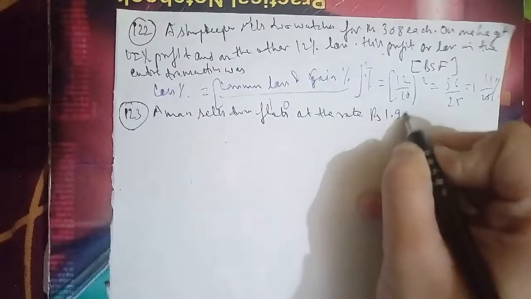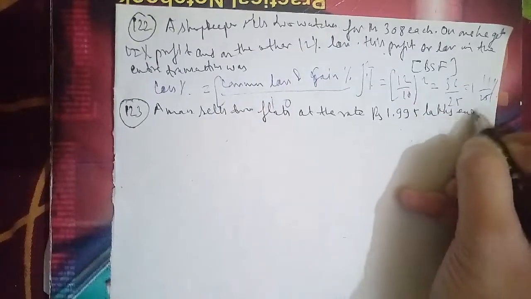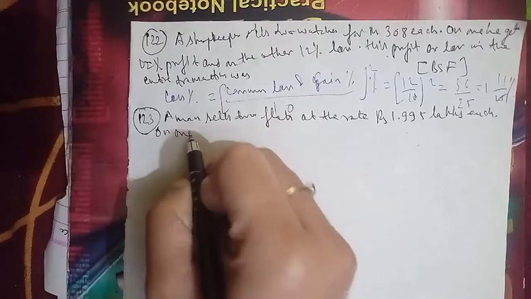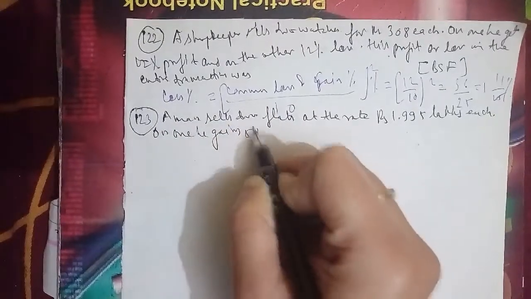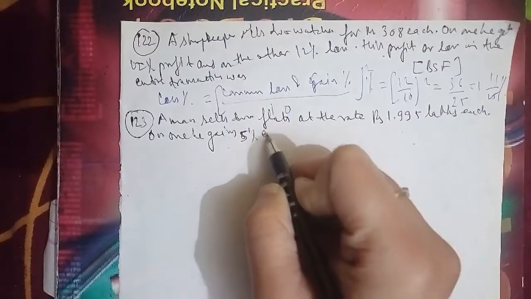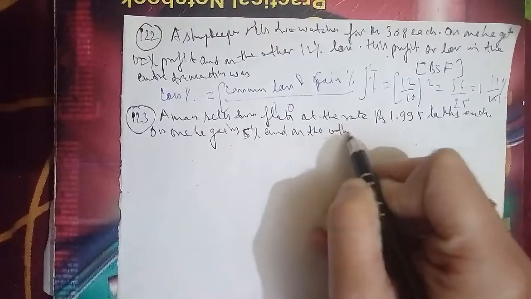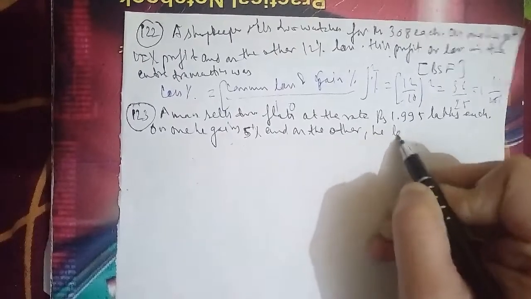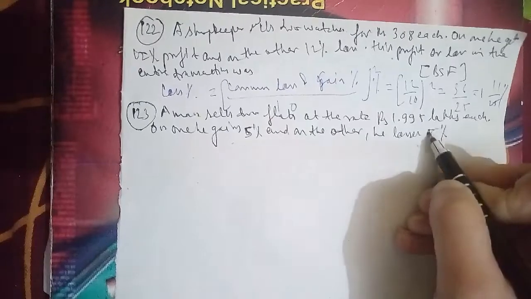His gain or loss percent in the whole transaction is, the options as I told you: 0.25% loss, 0.25% gain, 2.5% loss, and 25% loss.